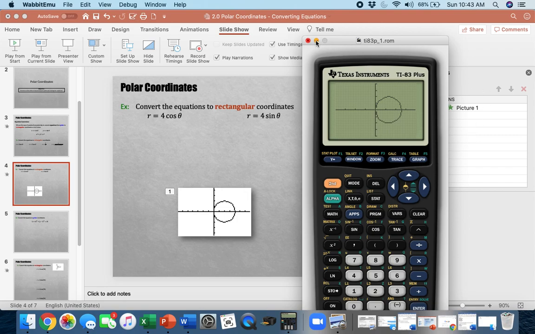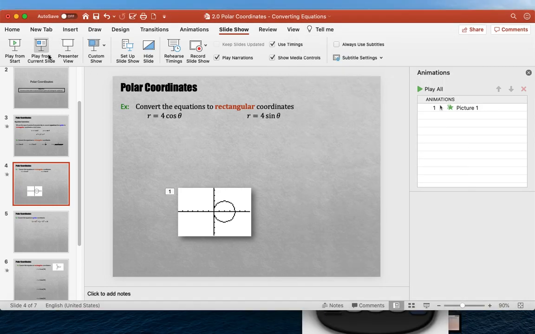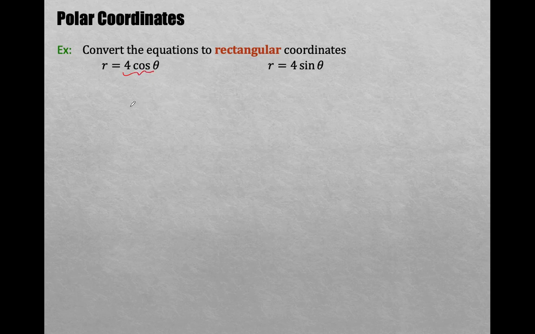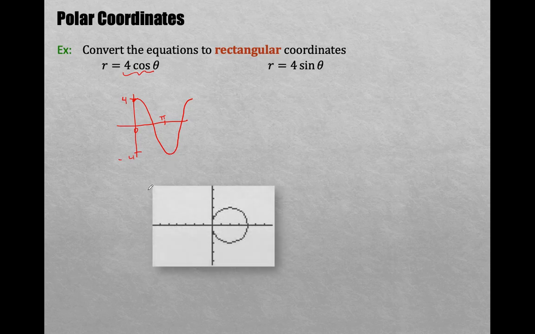Now let me go back here and say what graphing this in rectangular, not on polars, stretching this out, looks like. When theta is equal to 0, I'm up at 4. When theta was equal to pi, I wasn't at negative 4 though, right? On my circle, remember?